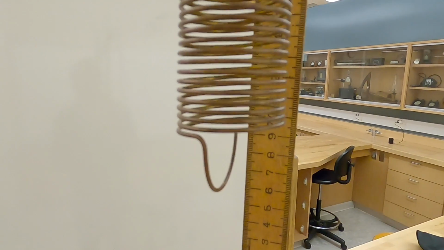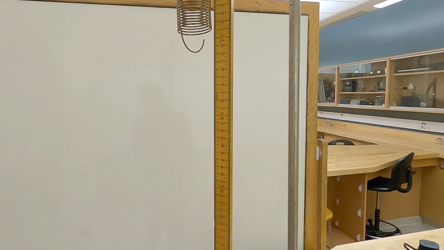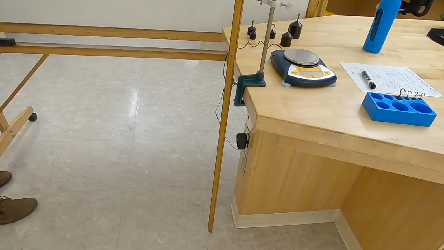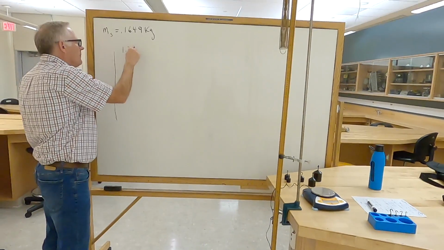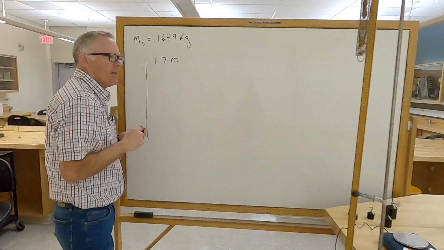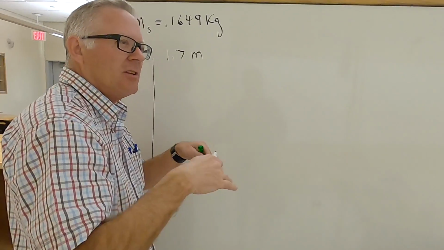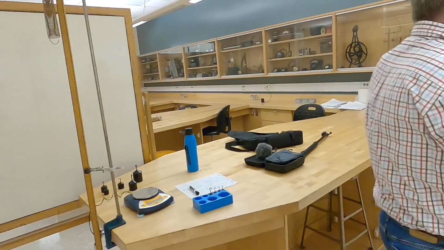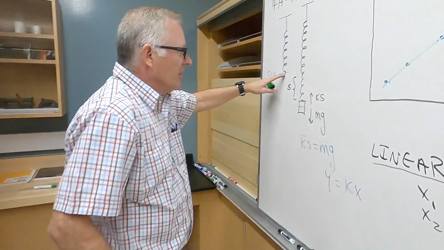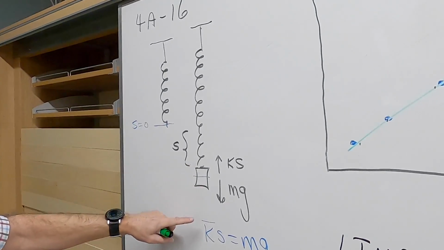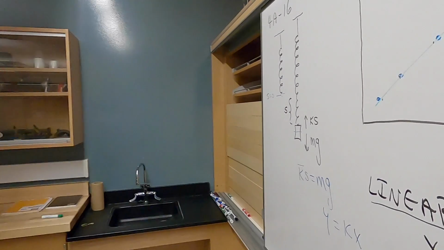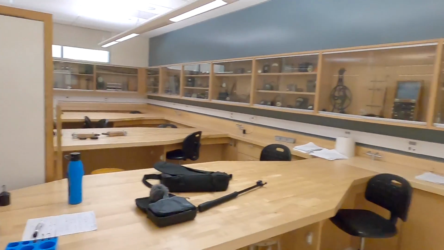So we're starting from the floor, where all of our distances are going to be measured from the floor up. It's at 1.7 meters right there. That's my initial spot, my S sub naught. So all of our distances are always going to be measured relative to that 1.7 meters. Okay.